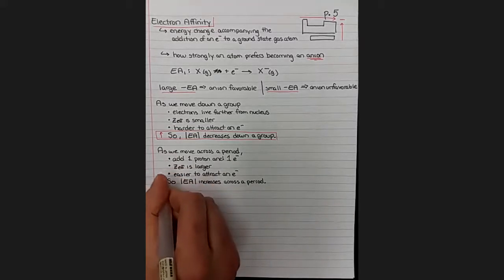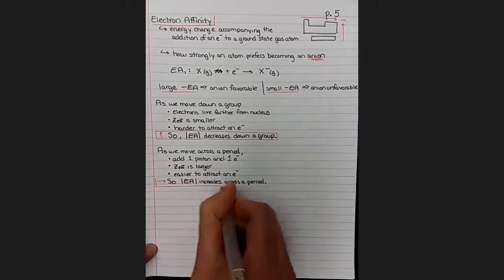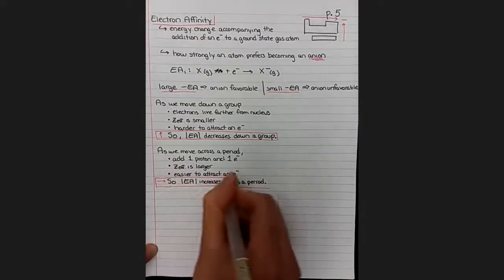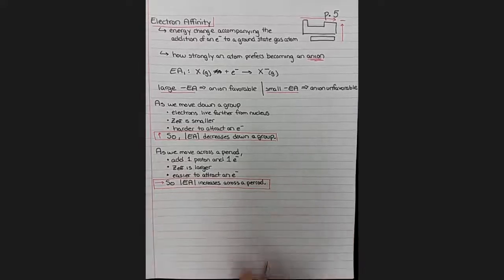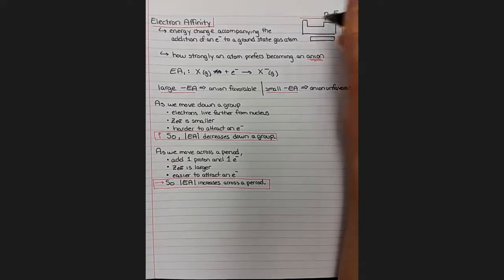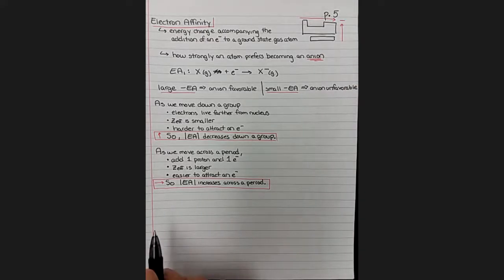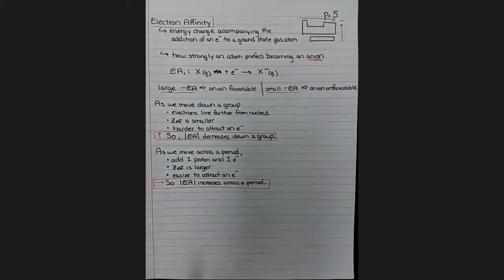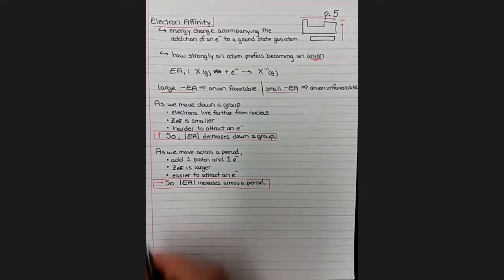So it's going to be largest on the right side. So it decreases as we move down, it increases as we move to the right. So fluorine up here in the top corner is going to be the easiest one to make into an anion.